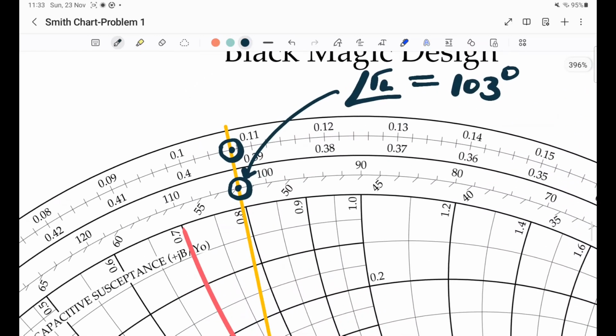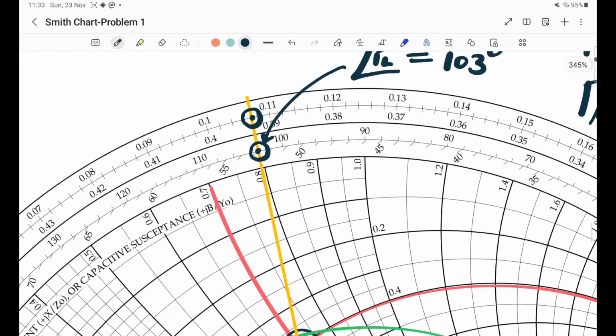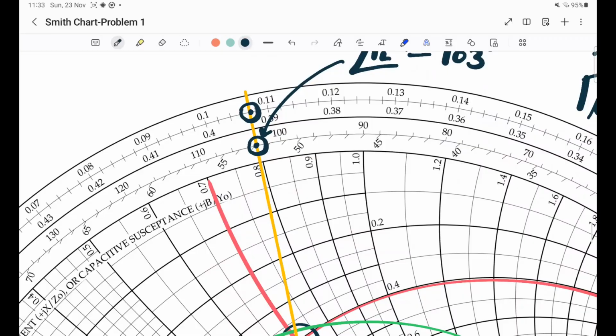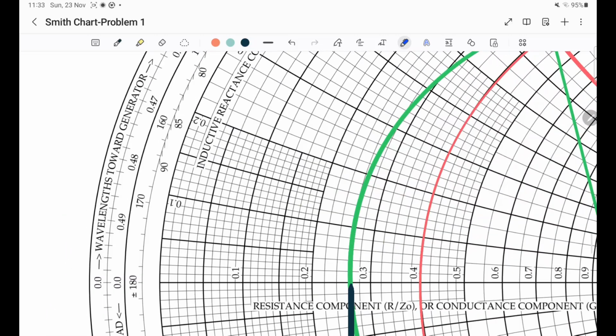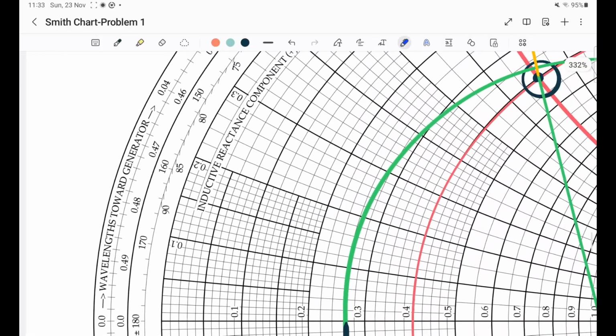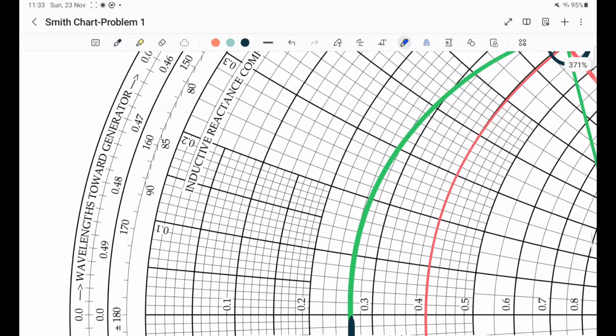For that, we first have to find at which value this line cuts the topmost scale.